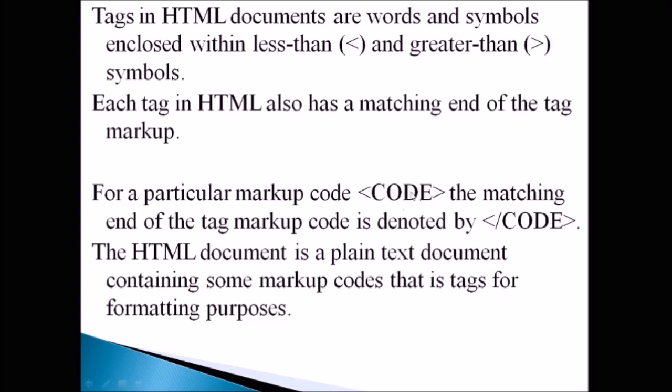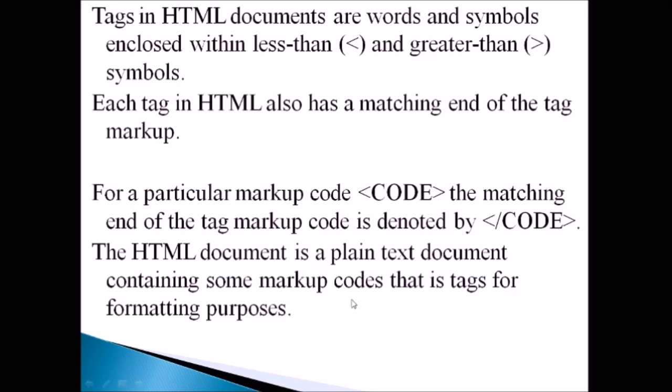Here code is a word which is enclosed with less than and greater than symbols. Now this part is called a tag. In case a document has a tag like this, then it should have a matching tag that should be denoted by less than symbol, slash, code, greater than symbol. So like this, all the tags should have their respective closing tags.